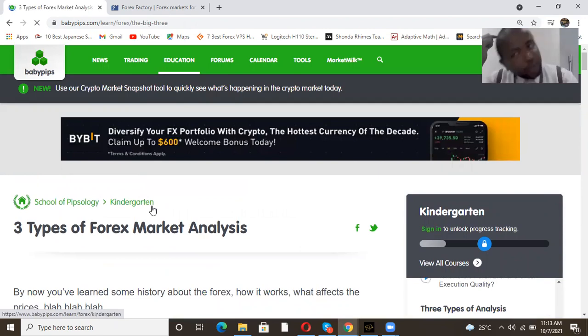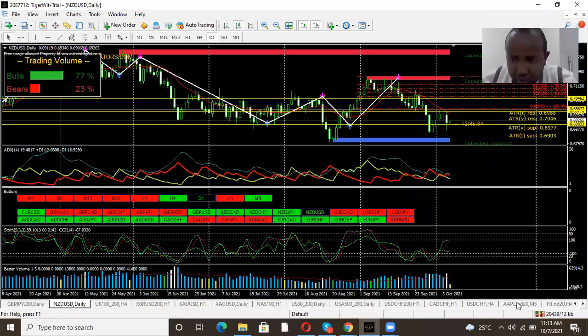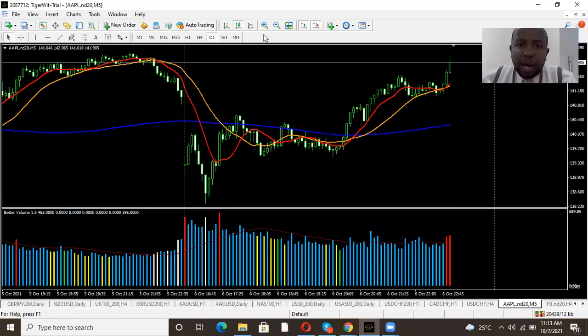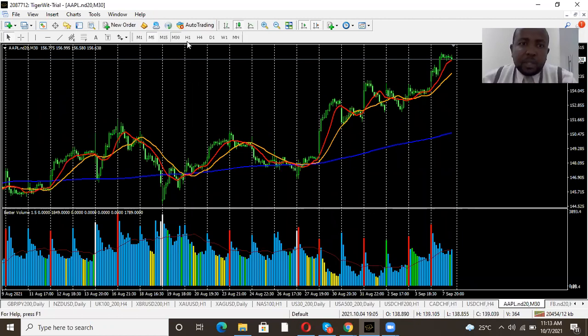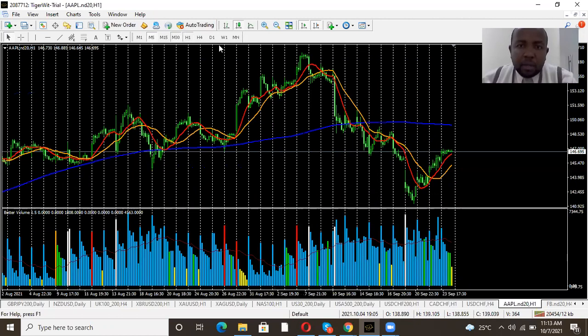Why? Because, for example, the company that owns the iPhone is called Apple. So let me just show you, this is Apple. This is my favorite stock. When I look at Apple, I'm able to know how the stock is performing, and you see it's mostly on an upward and downward kind of trend.